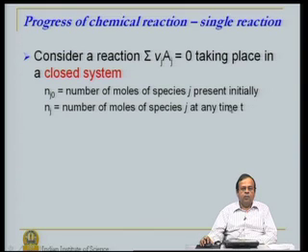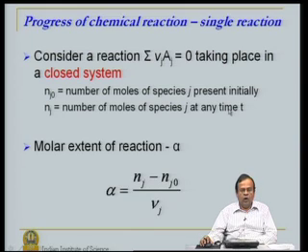Then I define my molar extent of reaction, alpha, as a measure of progress of my reaction. And how is alpha defined? Alpha is defined as the ratio of the difference between the moles present at any time t, N j, minus what we started out with, which is how much has changed in the reaction, to the stoichiometric coefficient of this species A j, that is nu j.